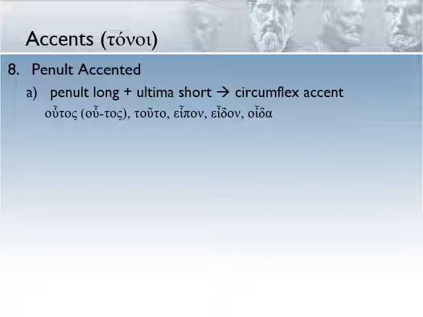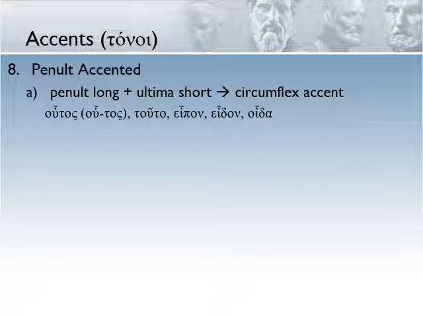Look at the second example, tuto. Again, there are only 2 syllables here. There's an ultima, the tau omicron on the end, and there's a penult, the tau omicron epsilon in the first syllable, or the second from the end, the penult.